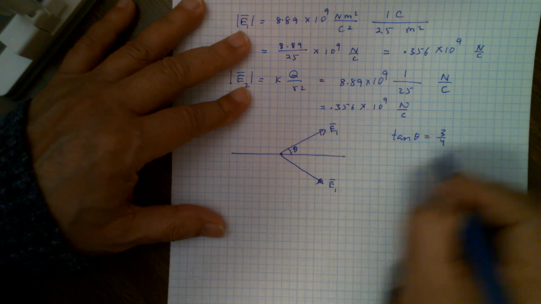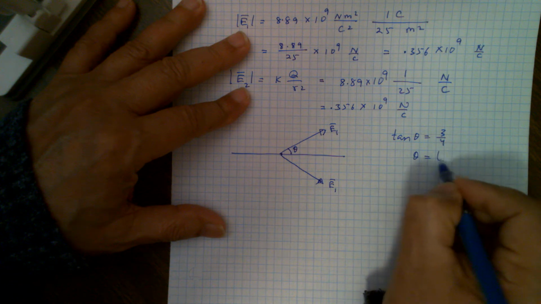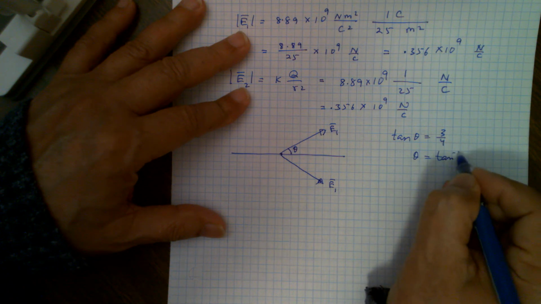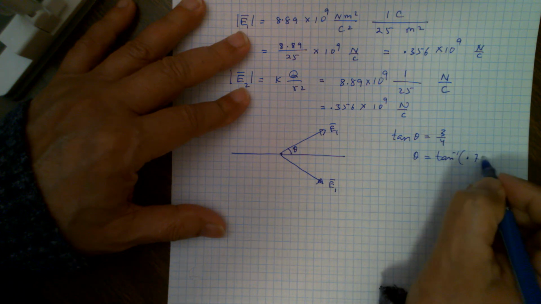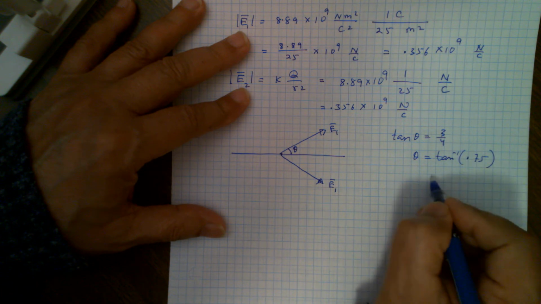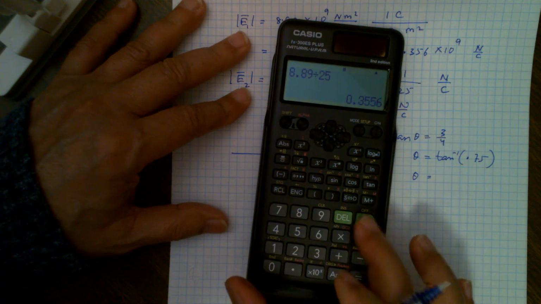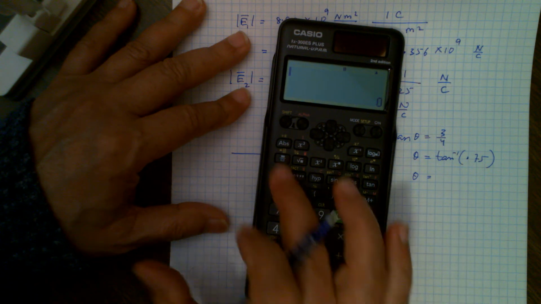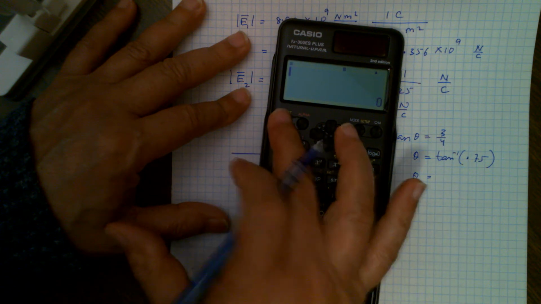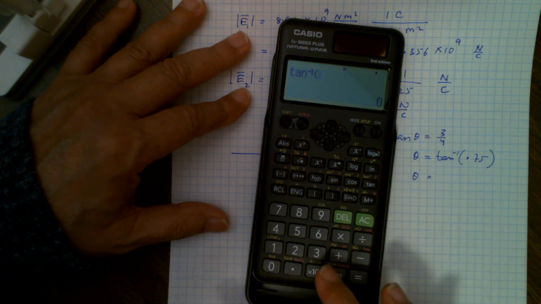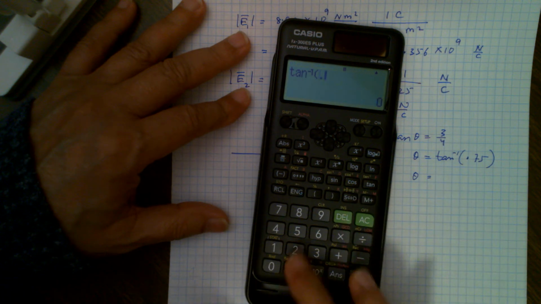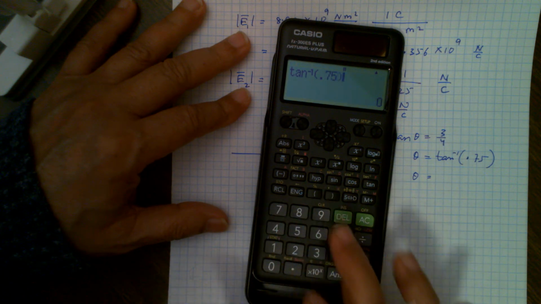That tells you that theta is equal to tangent inverse of 0.75, because 3 by 4 is 0.75. Let me do that: shift tangent and 0.75, close bracket.